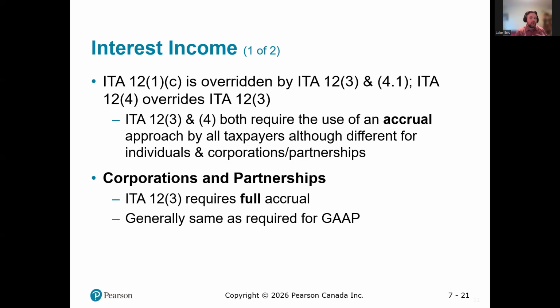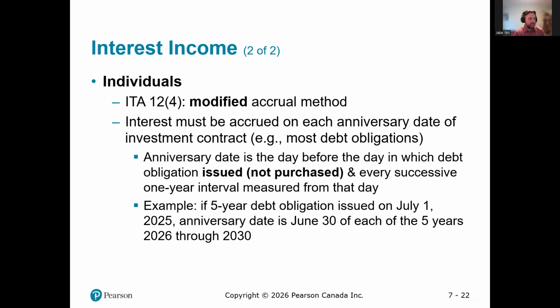So individuals normally keep track of our income on a cash basis, but for interest income, we should still maintain at least a facsimile of the accrual method. So individuals use a modified accrual method where we record 1 year of interest at the anniversary date of the investment contract.